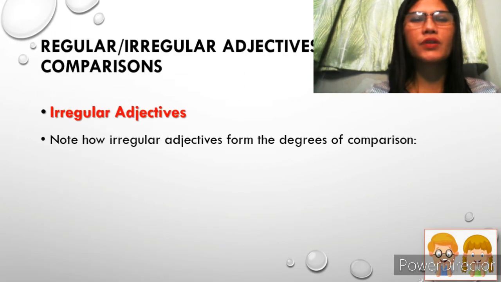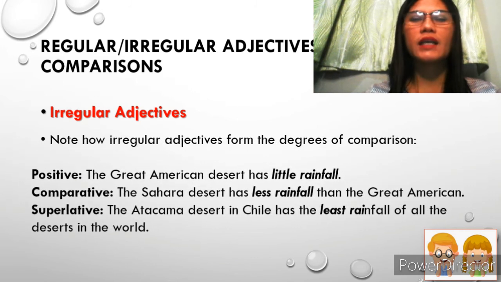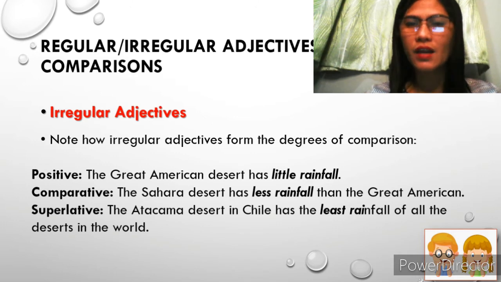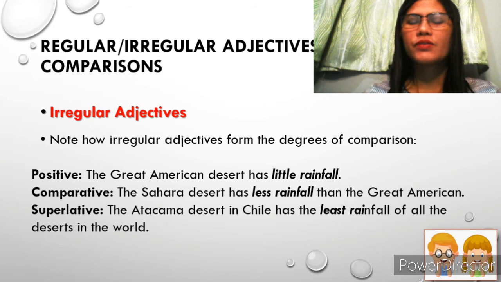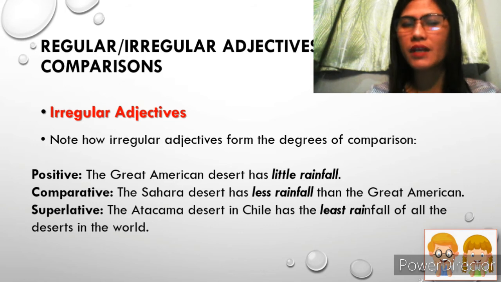Take note also of how irregular adjectives form the degrees of comparison in a sentence. In the positive, you have: The Great American Desert has little rainfall. In the comparative, you have: The Sahara Desert has less rainfall than the Great American. So now we have two comparisons, the Sahara and the Great American deserts.